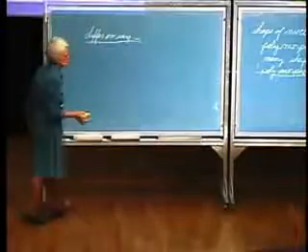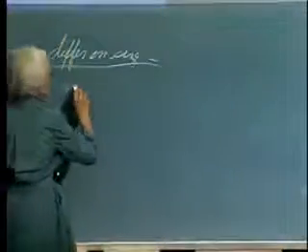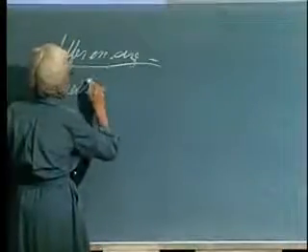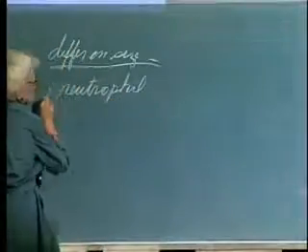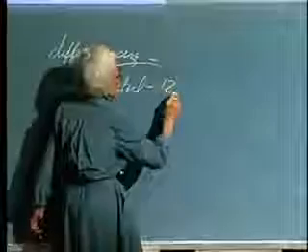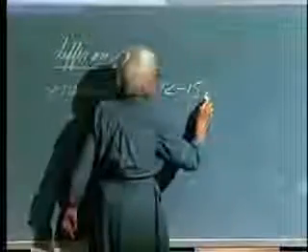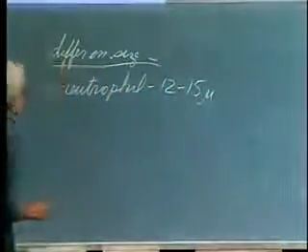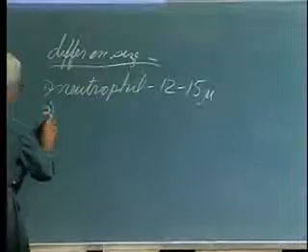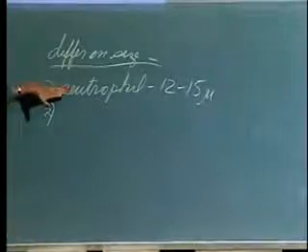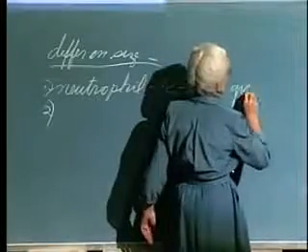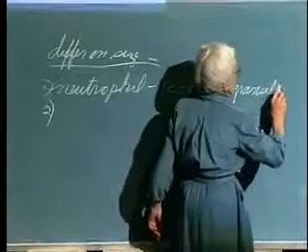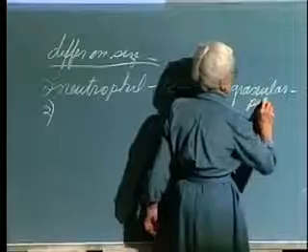The largest then will be the neutrophil. And it will be from 12 to 15 micra in diameter. And a neutrophil will be a granular polymorph.